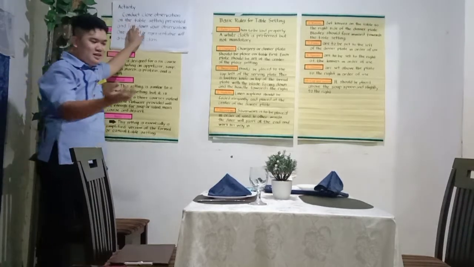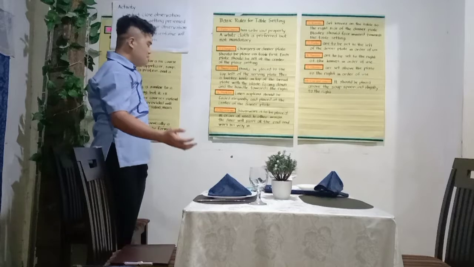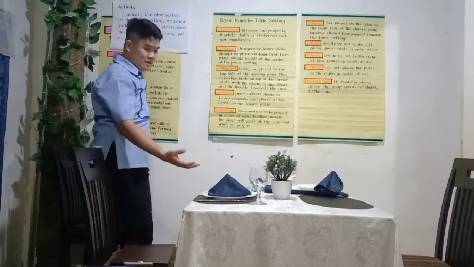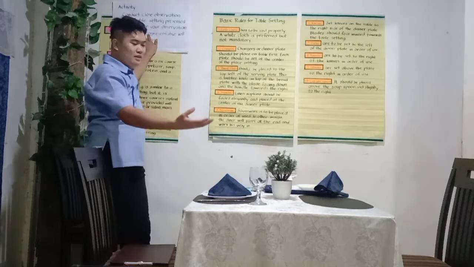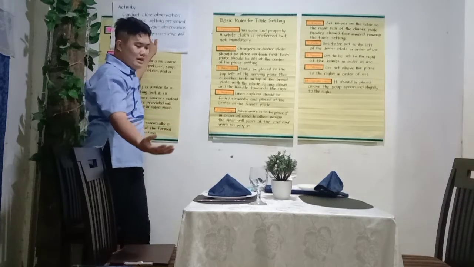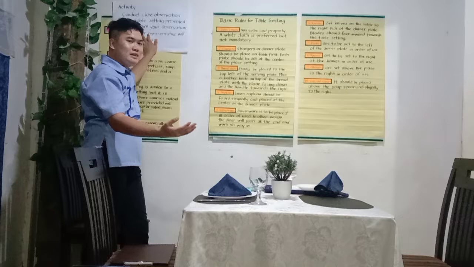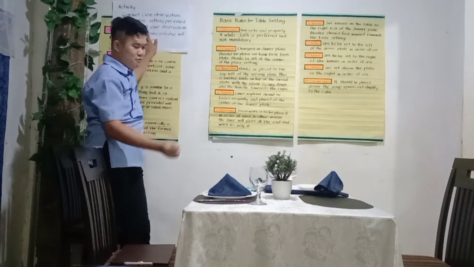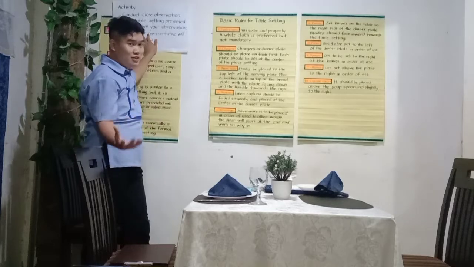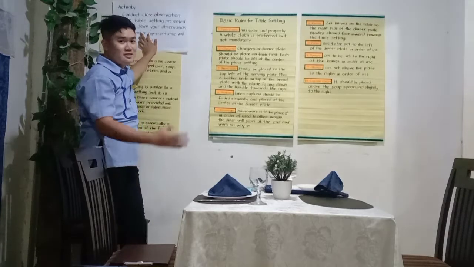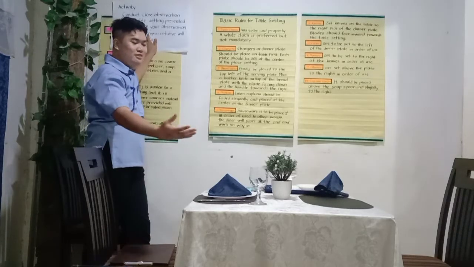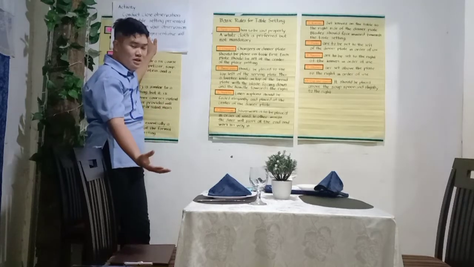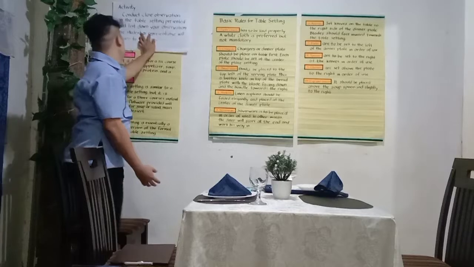As we can see here in the basic table setting, we have a dinnerware, a table napkin, a dinner knife, a dinner fork, and of course, a water goblet. The placement of each dinnerware in our table will be discussed later.